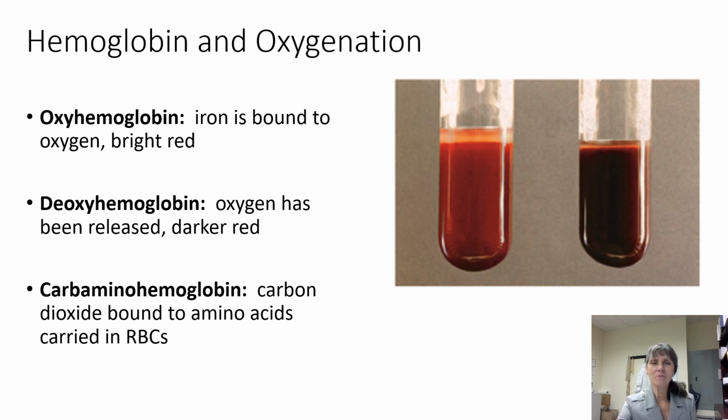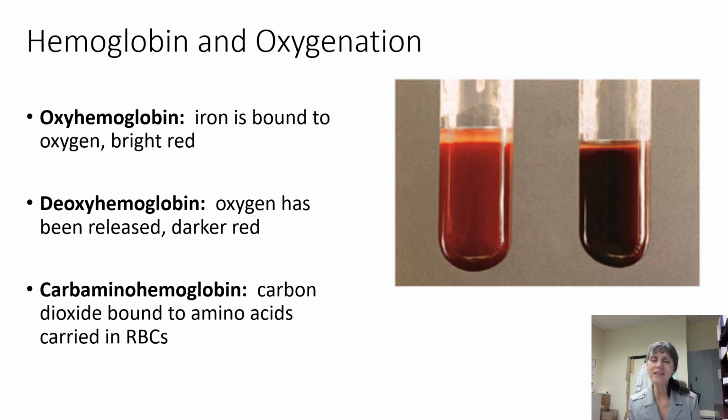When it comes to oxygenation on hemoglobin, whenever we see that bright red color in blood, that's what's referred to as oxyhemoglobin, because when oxygen binds to the iron portion of the heme group, it turns it that bright red color, and that's what we call oxyhemoglobin. Deoxyhemoglobin is going to be a darker red color.